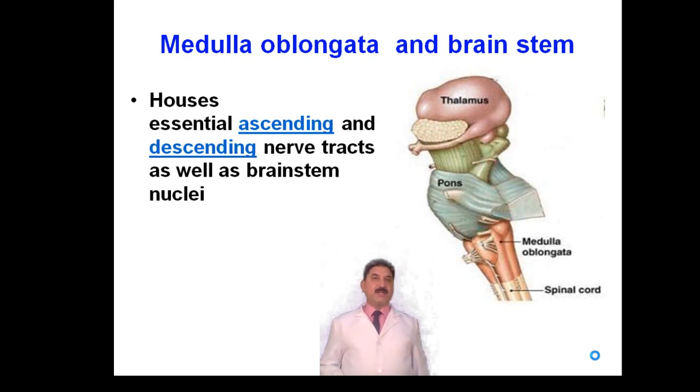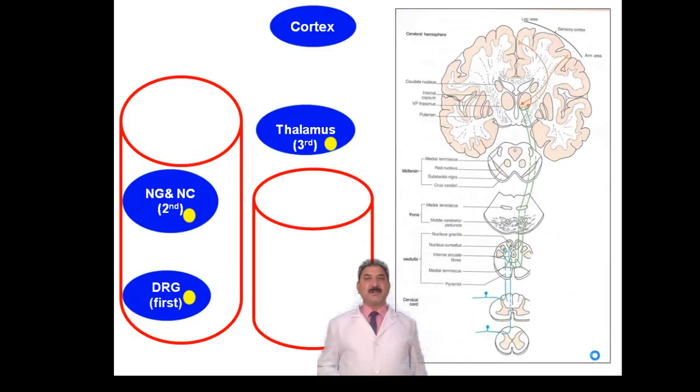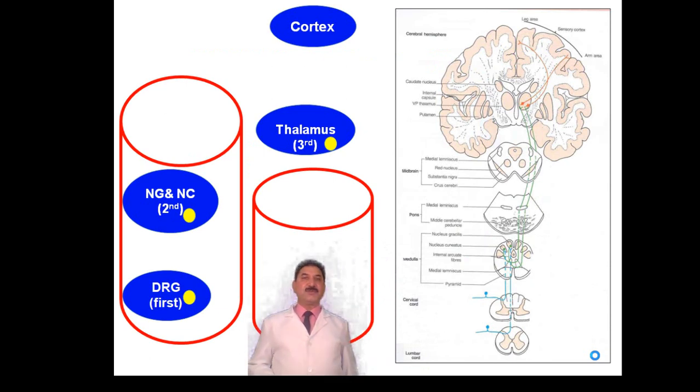Present in the medulla oblongata are ascending and descending tracts. Ascending tracts carry sensory information, whereas descending tracts carry motor information. Let us go to this animation to see how these tracts are formed. In this flow chart, there is dorsal root ganglion, which represents the first order neuron.